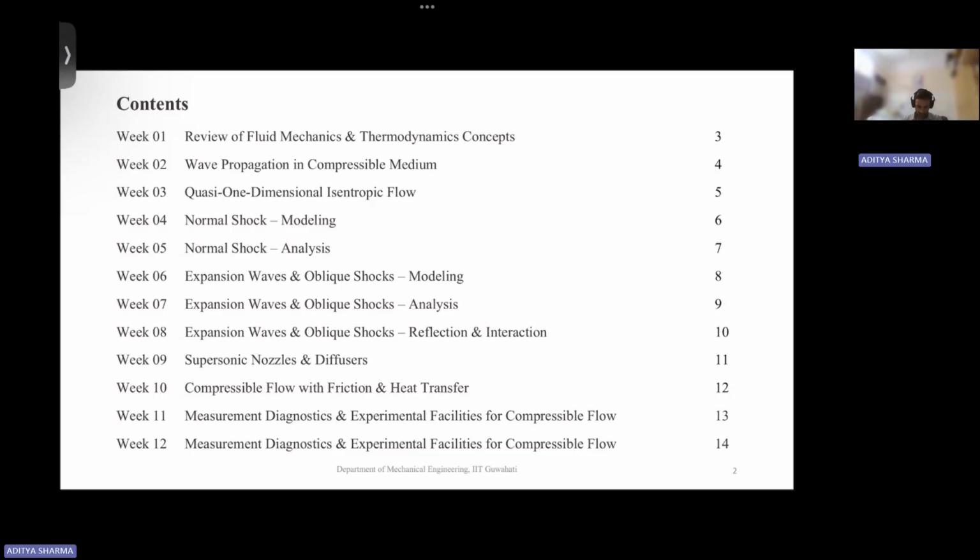So we started with introduction, then we moved on to wave propagation in compressible medium. Then we discussed quasi one-dimensional isentropic flow. So in week 2, we discussed 1D compressible flow. Then we learned normal shock modeling. Okay.